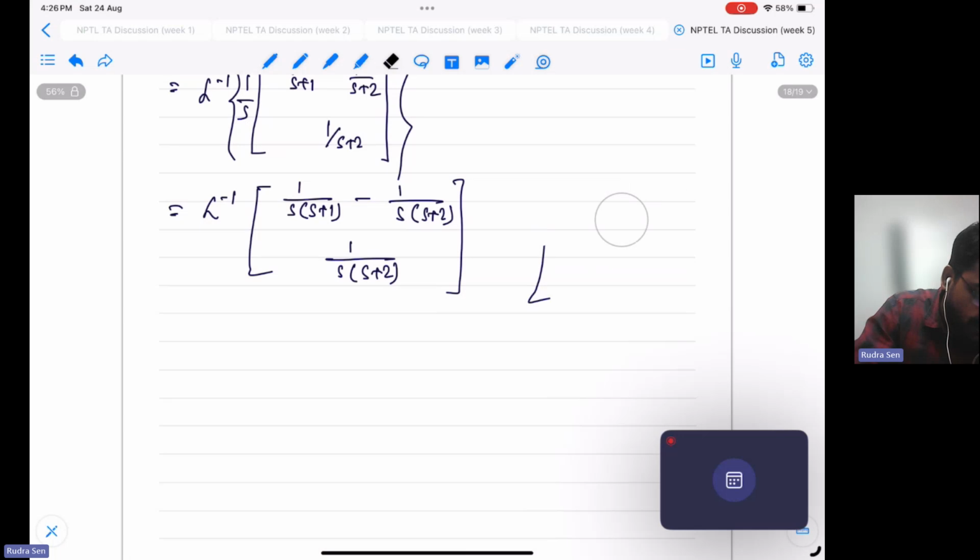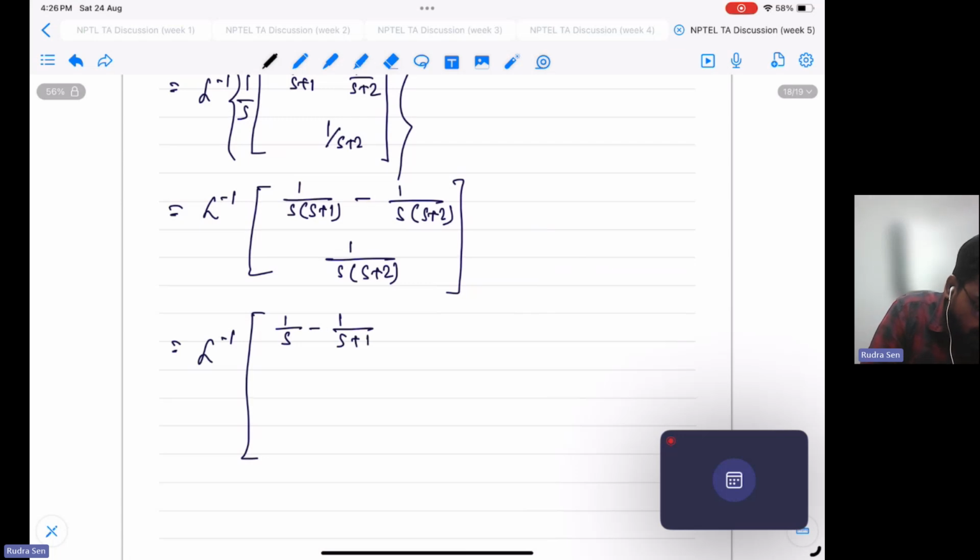It's better I write it down over here: 1 by s minus 1 by s plus 1, minus half into 1 by s, and this is minus minus plus, half into 1 by s plus 2, right?